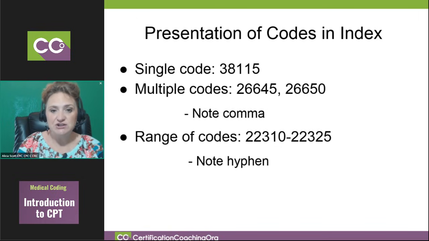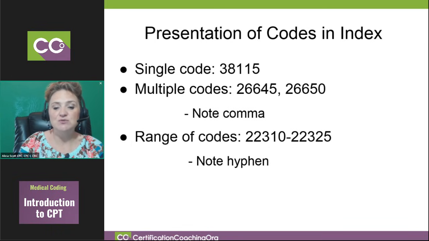Whereas a range of codes will have a hyphen in it. You're not going to list a range of codes that you did. That's not the way it works. They're telling you how to find them. So I need to look in the range of 22310 through 22325 because all of those codes apply to the procedure that I did.